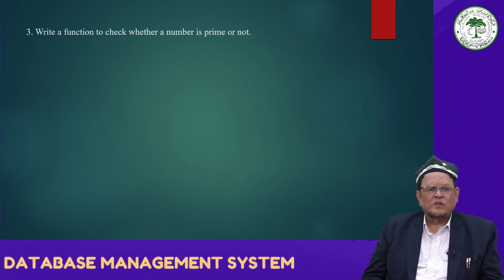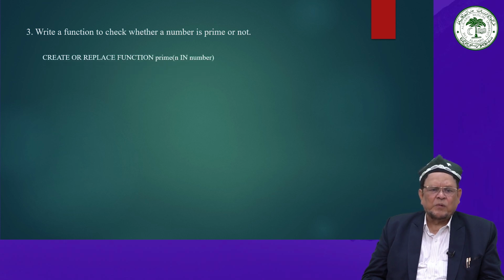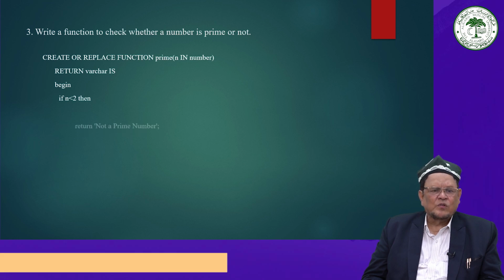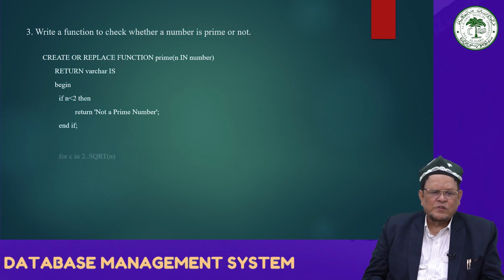The third question is to write a function to check whether the number is prime or not. The same way you did in PL/SQL, here you have to use in Oracle. How to do: create or replace function prime n in number, return varchar is begin, then if n is less than 2, then not a prime number, and then end if will be closed.